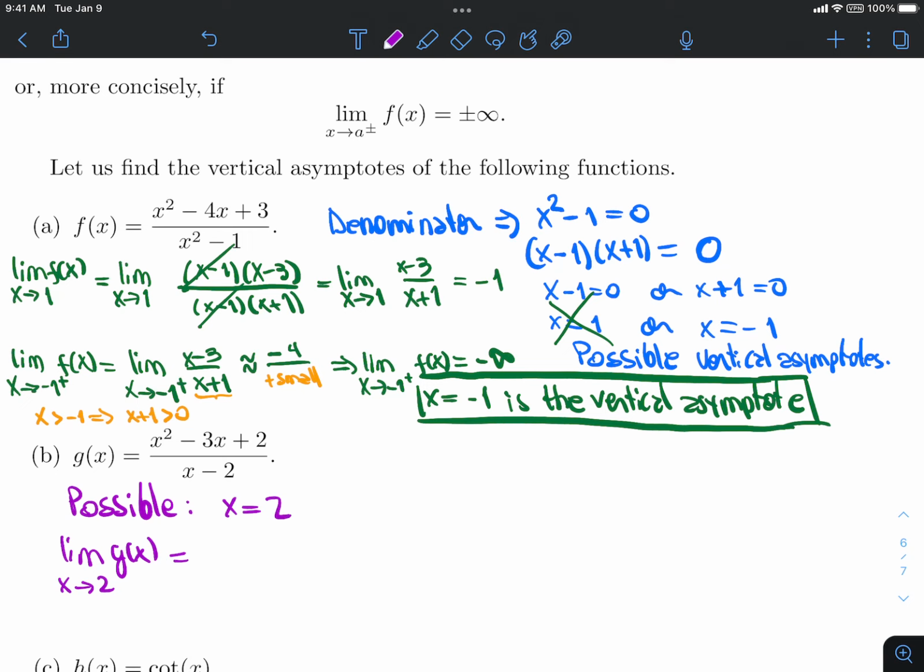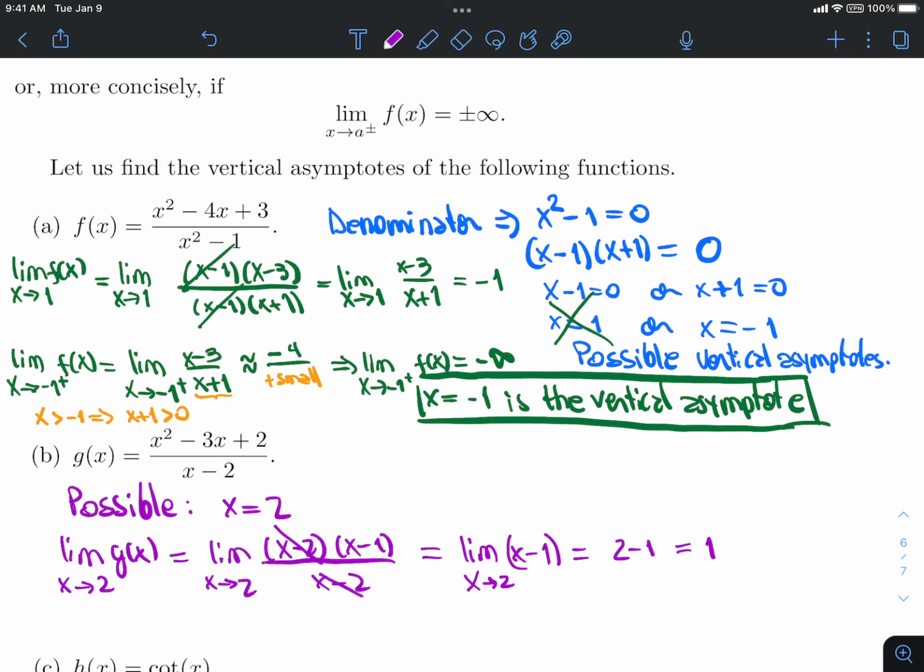I have a 2 and a 1, right? That's the limit as x approaches 2 of x minus 2 times x minus 1 over x minus 2. Cancel these two. Remember, I can cancel because x is not equal to 2. So it's just very close. So x minus 1. So that's just a 2 minus 1, which is just a 1.